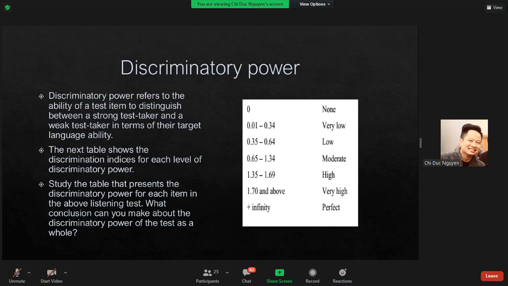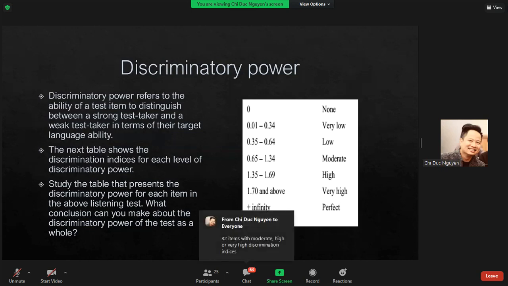Yeah, so we have 32 items with moderate, high, or very high discrimination indices. So 33, I guess, out of 35. So that is going to be a very high number.